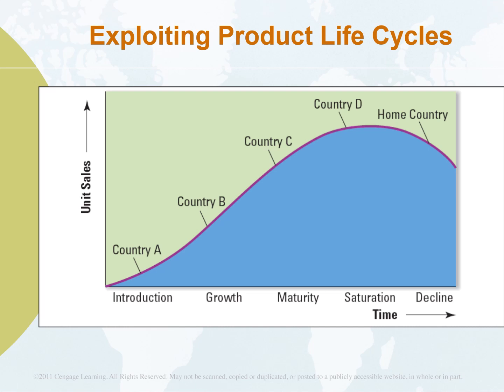For different countries, a product in the home country may already be in the decline stage, but it could be in the introduction stage in country A, growth in country B, maturity in country C, and saturation in country D. So you should exploit the product life cycle stage differences from country to country to market your product.